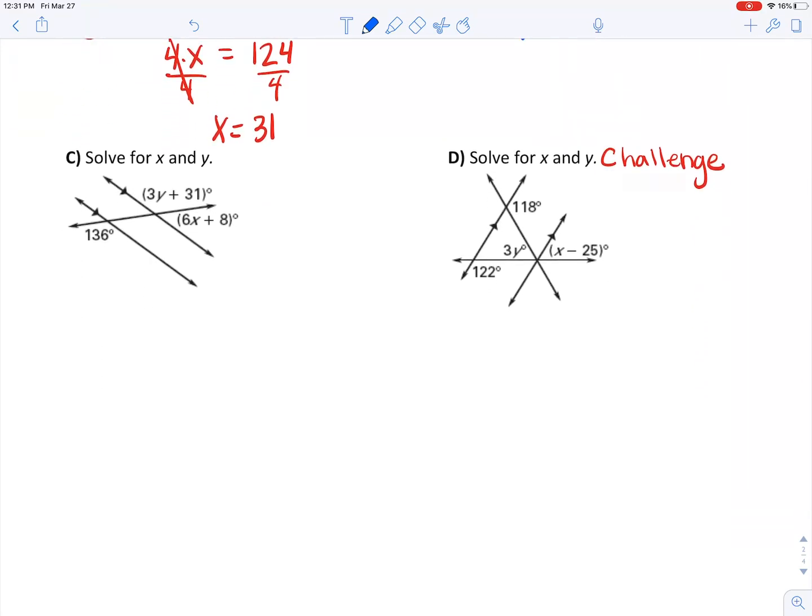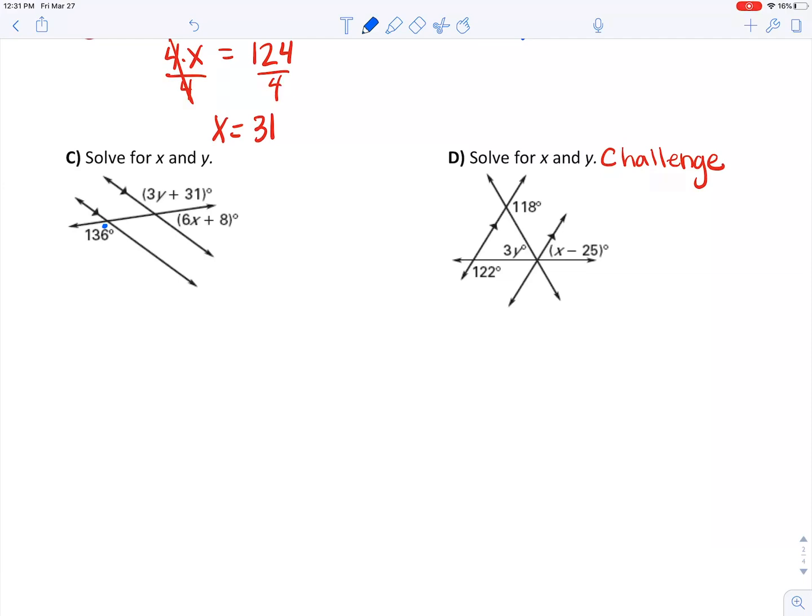All right, taking a look at letter C. Let's see, we've got a couple of different things going on there. We have to solve for both x and y. I do notice that I always like to look at the number, like 136 here, because it's just a plain number and it doesn't have any variables with it.